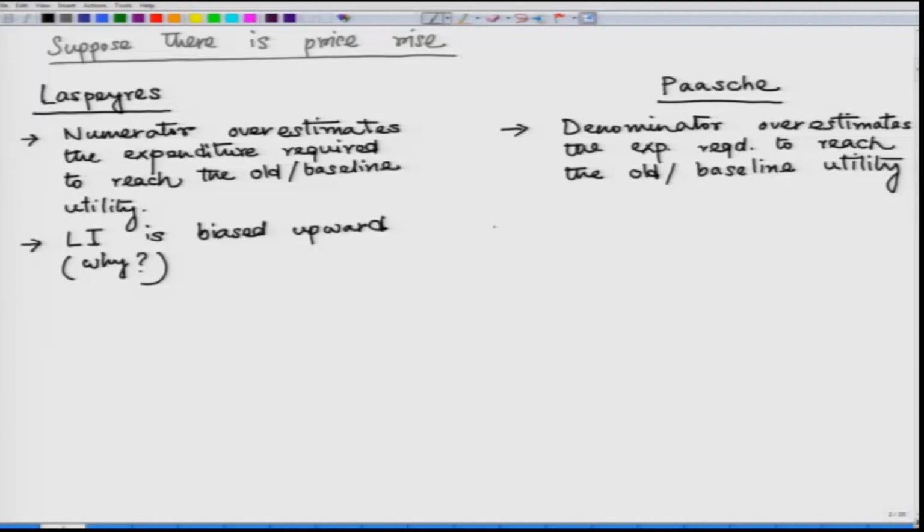Now, let us look at the implication of this overestimation problem in the case of Paasche. The Paasche is actually biased downward.